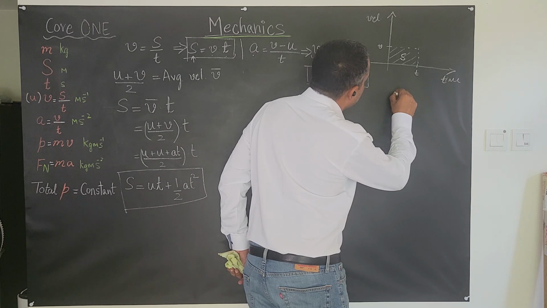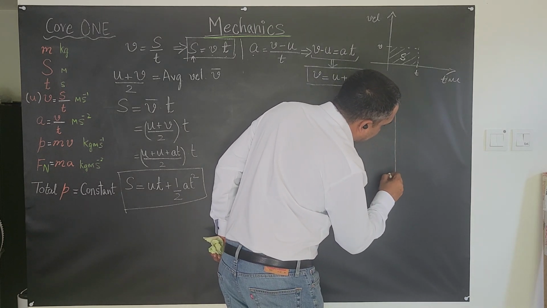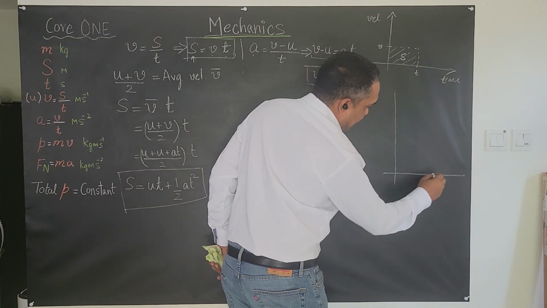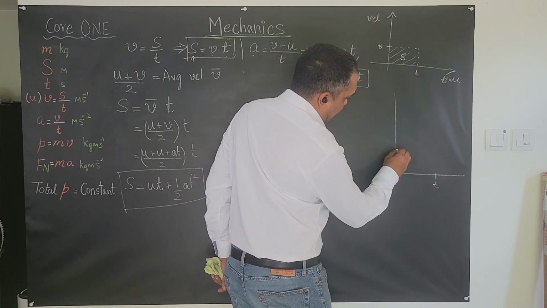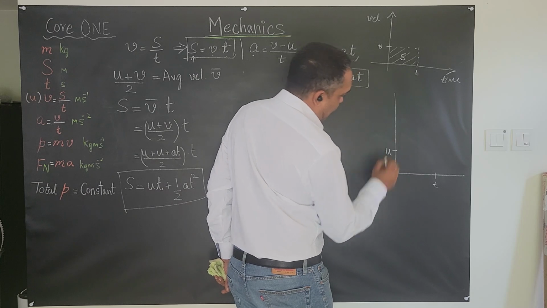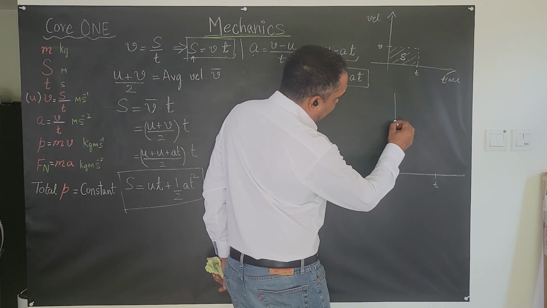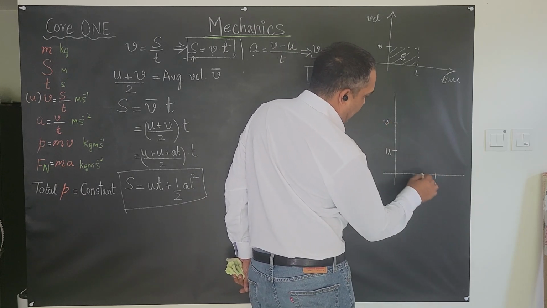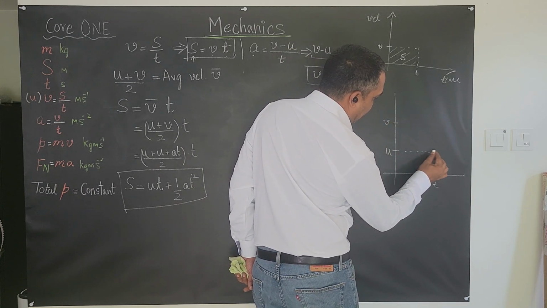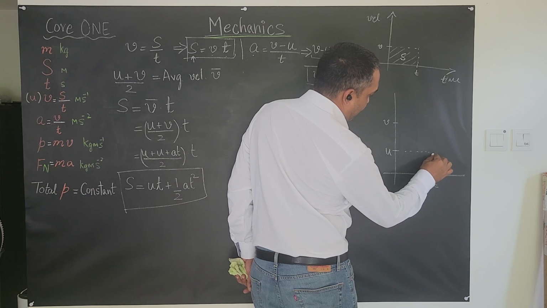All right, what's going on here? Let's see. Got that. Got that. I've got time here. I started with a u. I'm going to end with v. Ooh, okay. So that would have been if I was traveling at just u.